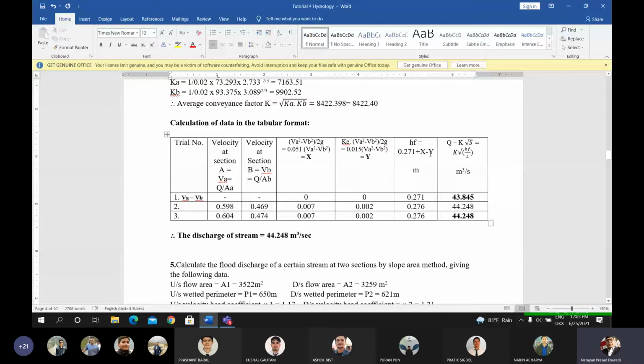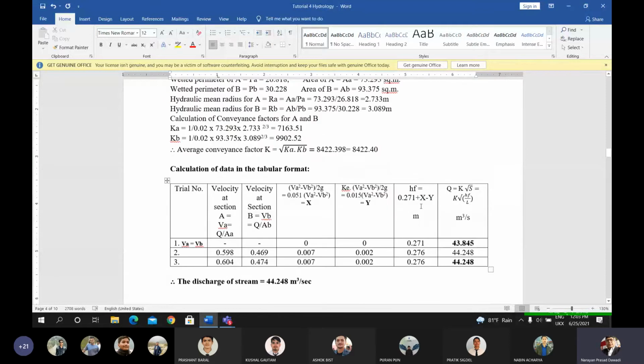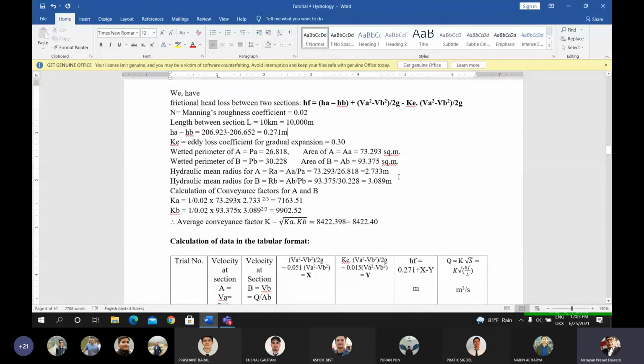Okay, now HF will be 0.271, HA minus HB is 0.271, plus VA square minus VB square by twice g, whose value is 0, and KE times VA square minus VB square by twice g, whose value is also 0.